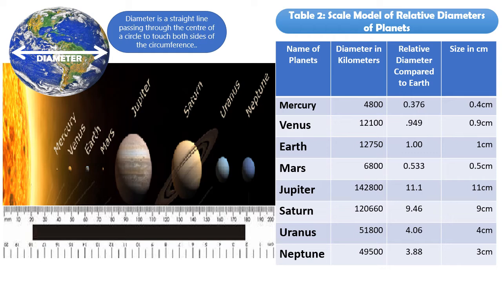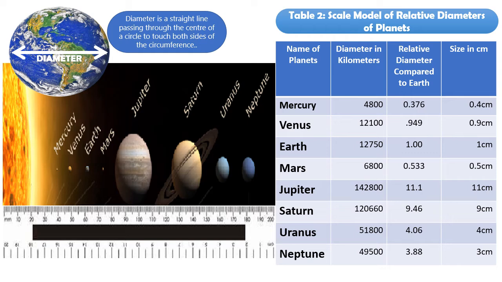Uranus, 51,800. Then relative diameter is 4.06, rounded off to 4 centimeter. So Neptune, 49,500. The relative diameter is 3.88 and rounded up to 3 centimeters.